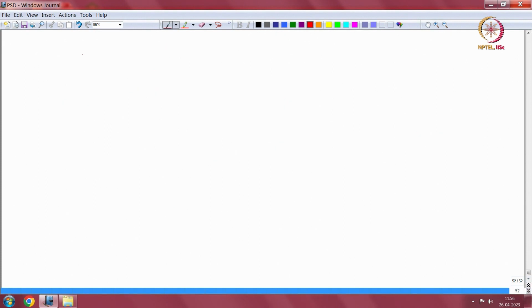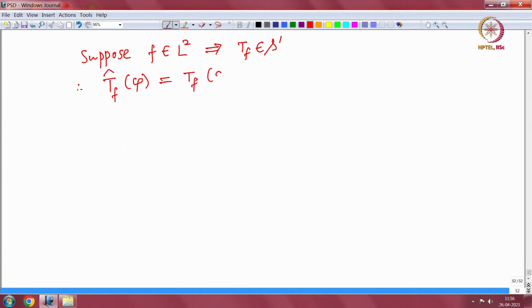Now, suppose f is in L2, okay, and that implies, again let me write that T_f is in S prime. So, therefore, the Fourier transform of T_f at phi is, by definition, T_f of phi hat.